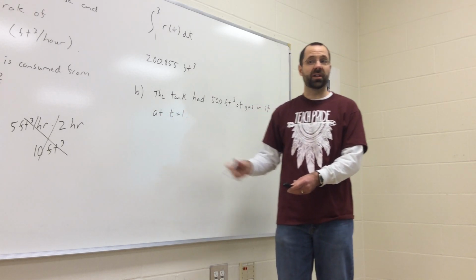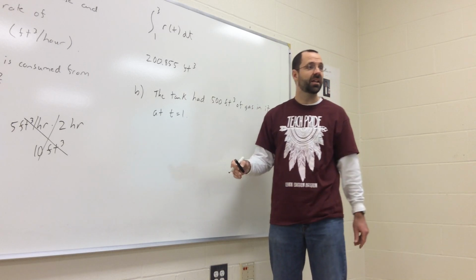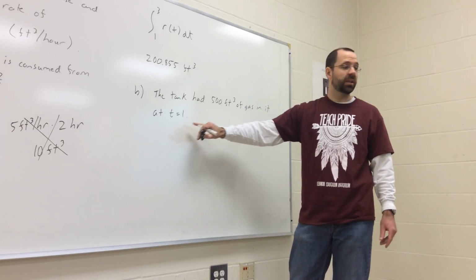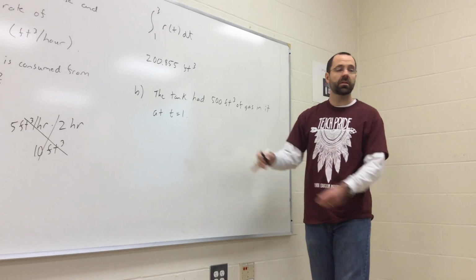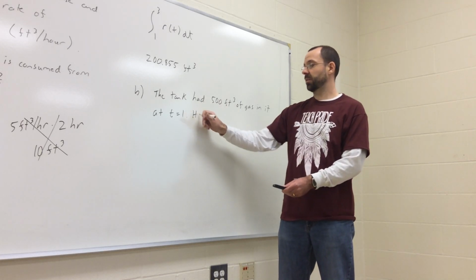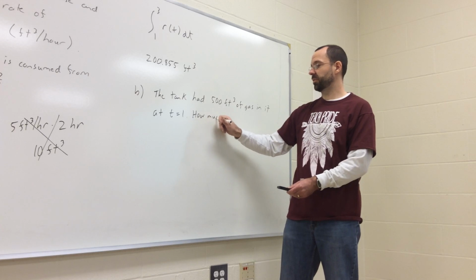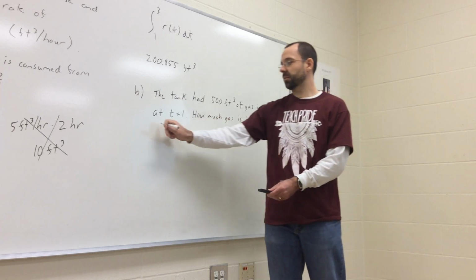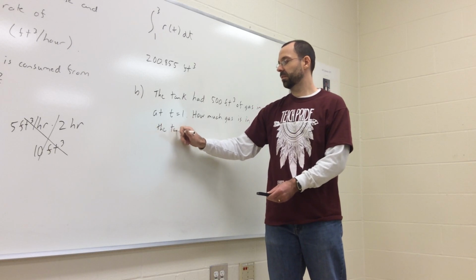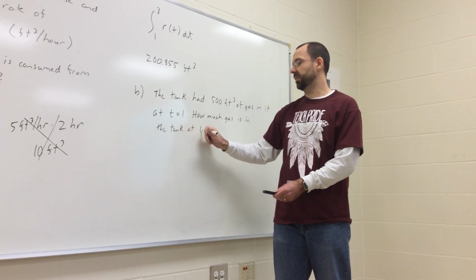So now we're thinking about our tank out back, and at 1 o'clock in the afternoon, it had 500 cubic feet of gas in it. So now the question is, how much gas is in the tank at t equals 3?